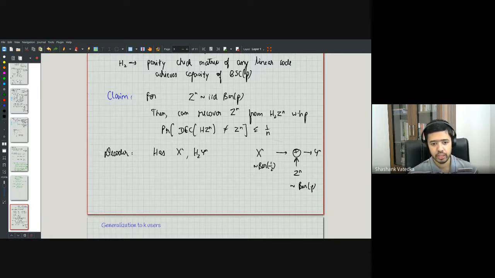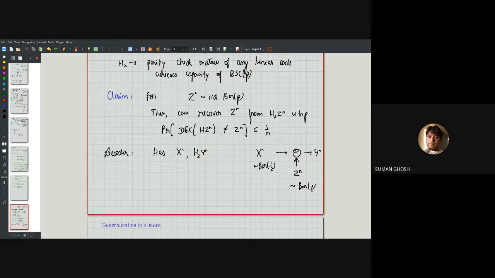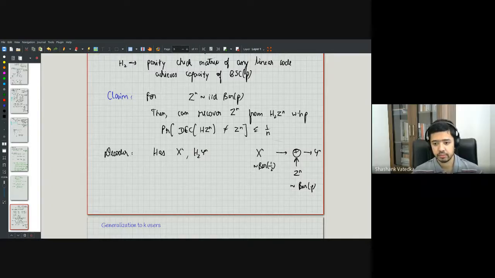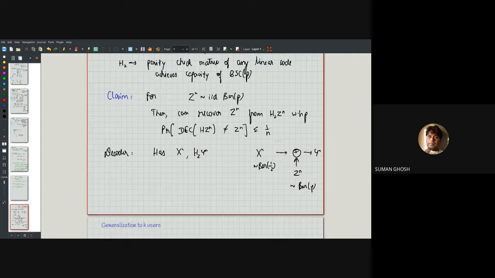So you have xn, you have h2 of yn. You can write yn as xn plus zn, and you already know xn, and then you have h2 of zn, and then from the above property you can recover it.